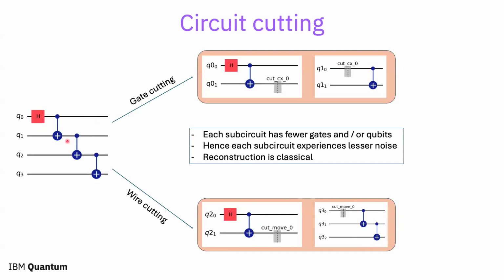The sub-circuits don't lose any gate, because as you see, if we cut along the wire, these 2 gates are here, these 2 gates are here. But if you cut a gate like this, you reduce the number of actual gate operations required. This gate is no longer there in any of these. So these are the 2 types of cutting, and you will see each of these subcircuits is smaller and has fewer gates.